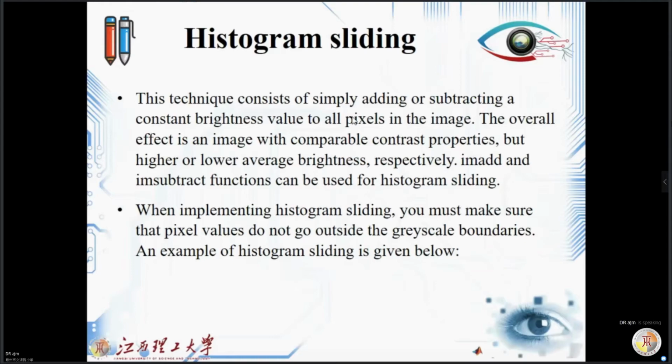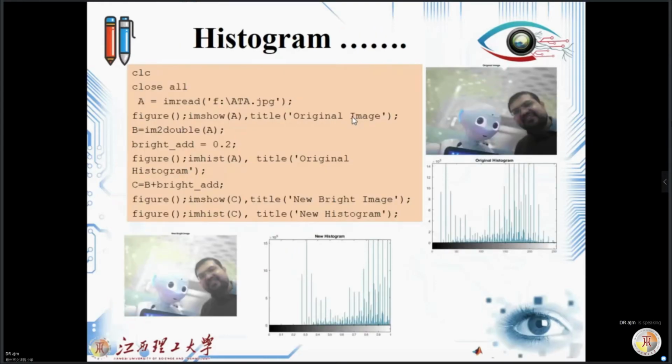An example of that is shown here. You can see the first and second lines are clc, close all, and then I read and show the image, and I put the label for my output as the original image. With the second one, I assign some brightness value, which I want to add to my image, and then show the histogram of that.